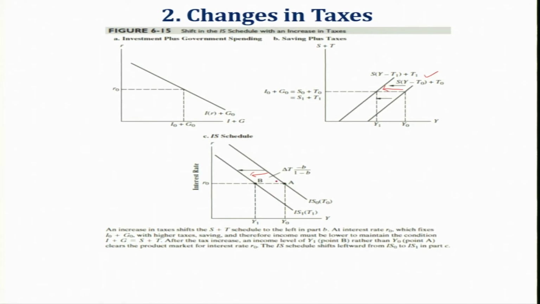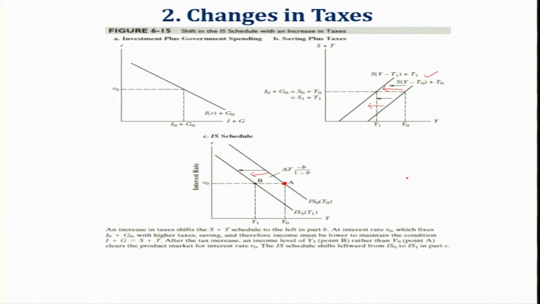At the same level of the rate of interest, R naught, the initial equilibrium position was A. Now when the government increases tax, the saving plus tax diagram shifts leftwards, and correspondingly del Y will decline.